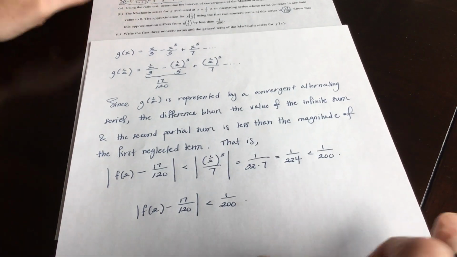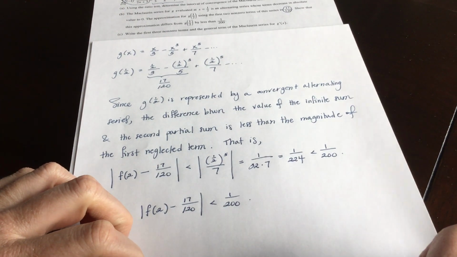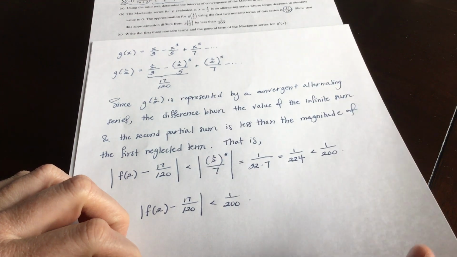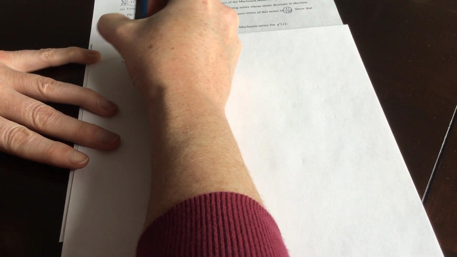All right, my friends. Okay, let's move on to part C. It says, write the first 3 non-zero terms and the general term of the Maclaurin series for g prime of x. So I'm going to copy down what they said g of x was.